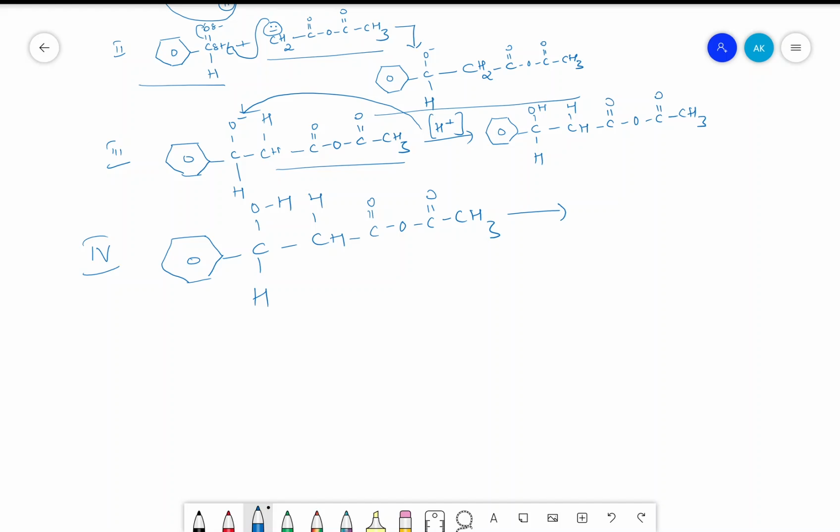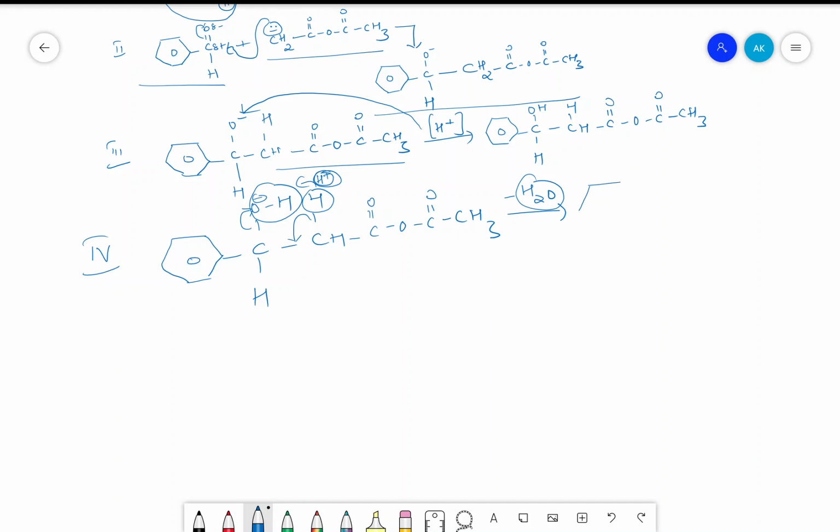This is the step where we are going to remove a water molecule so that we get unsaturation or a double bond. This bond shifts here so that oxygen will get a negative charge, that is OH minus, and this hydrogen will be removed as H plus, that is a proton. This OH minus and H plus will combine to form water, which will be removed, and this particular bond will shift here so that it results in the formation of a double bond.